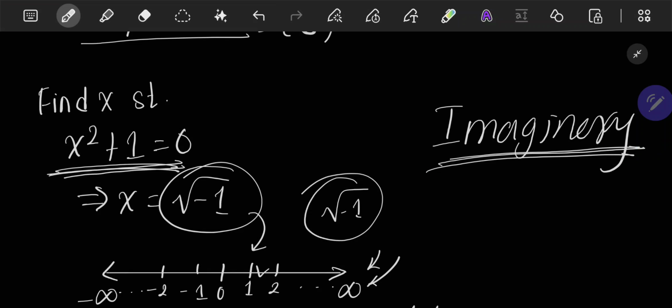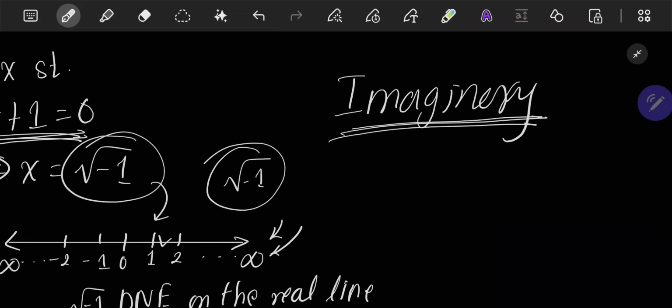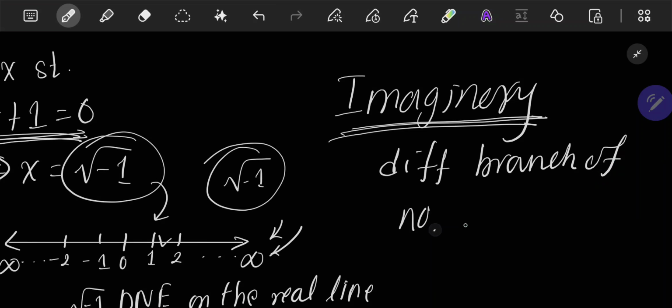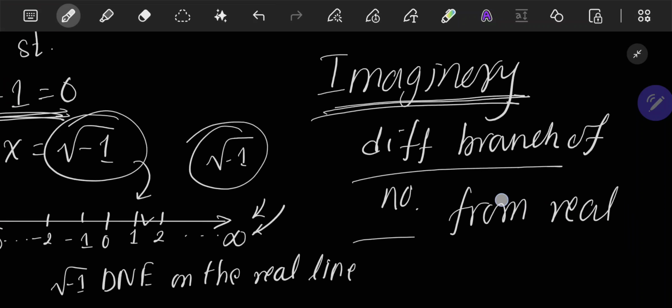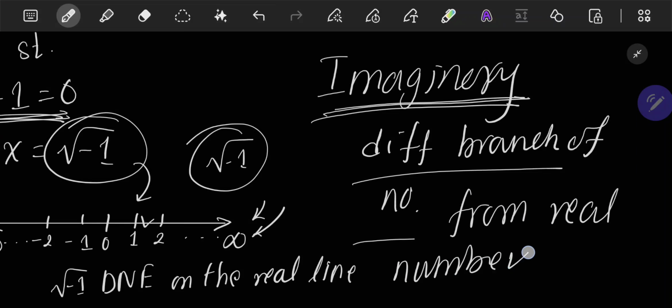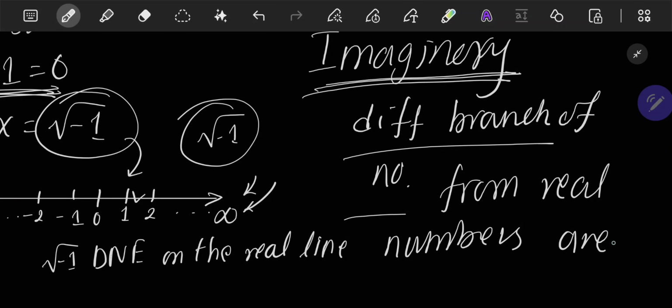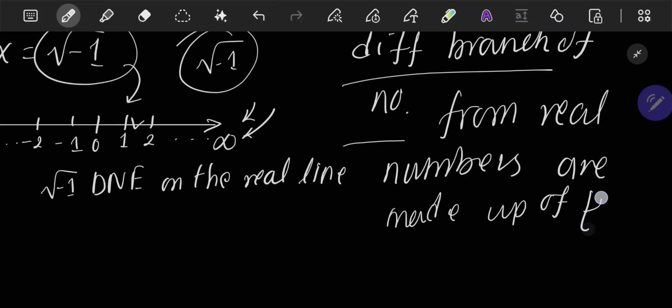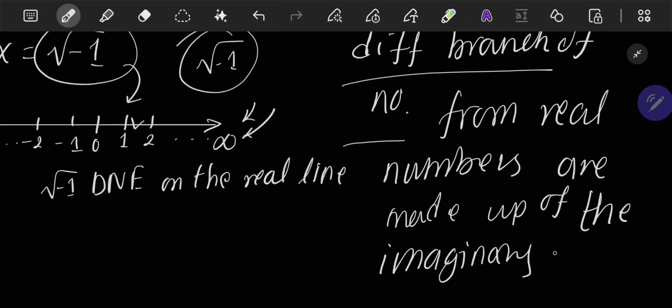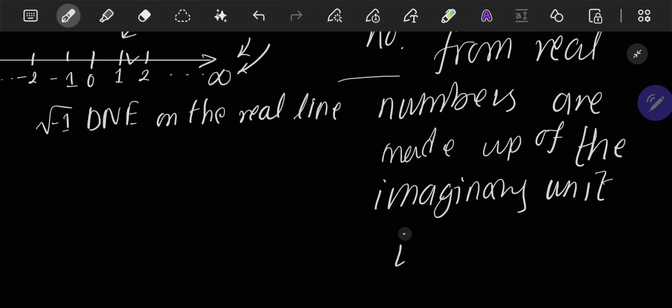What imaginary numbers are is they're essentially a completely different branch of numbers from real numbers, and are made up of the imaginary unit iota. So, this is equal to the square root of minus 1.